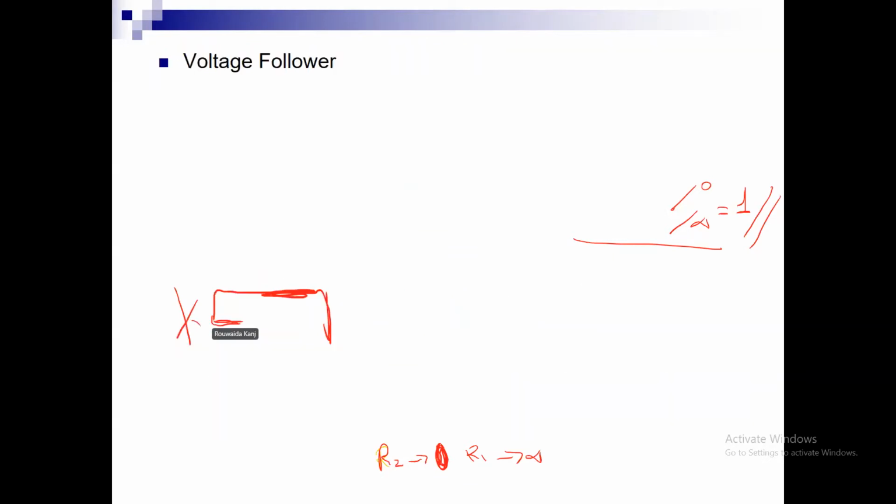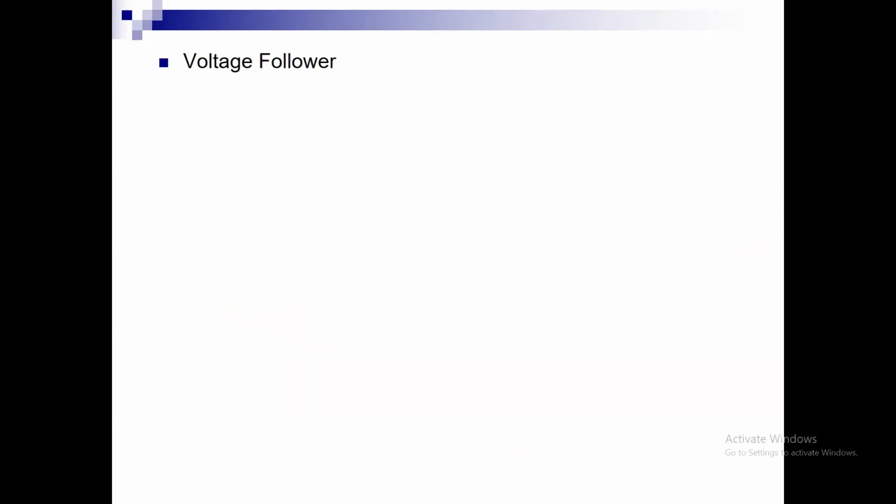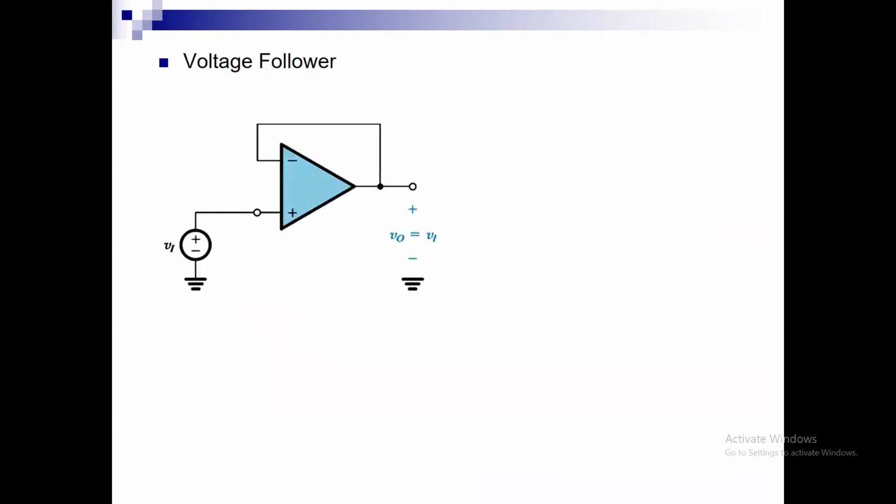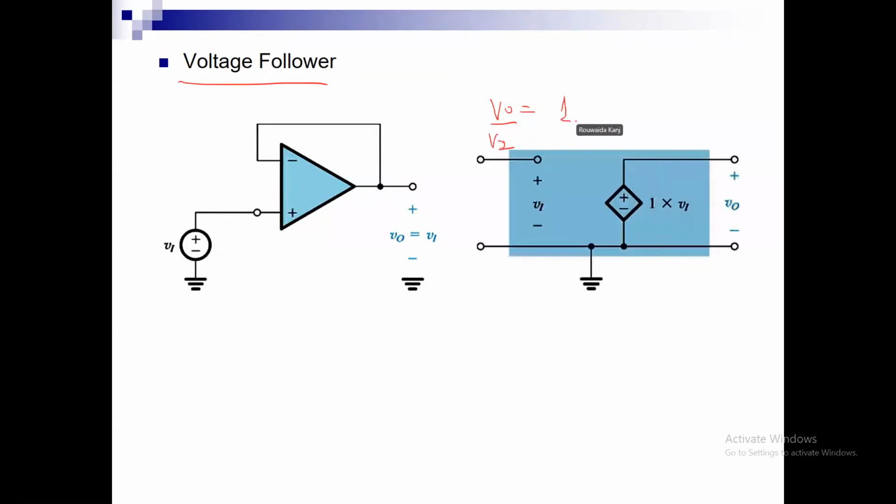So this is the configuration that we see here in this circuit, where I'm applying the Vn to the positive terminal, and I'm putting a short to the negative terminal, and here I don't have the resistor that used to exist anymore. This circuit we call the voltage follower, because really Vo over Vn is equal to 1.